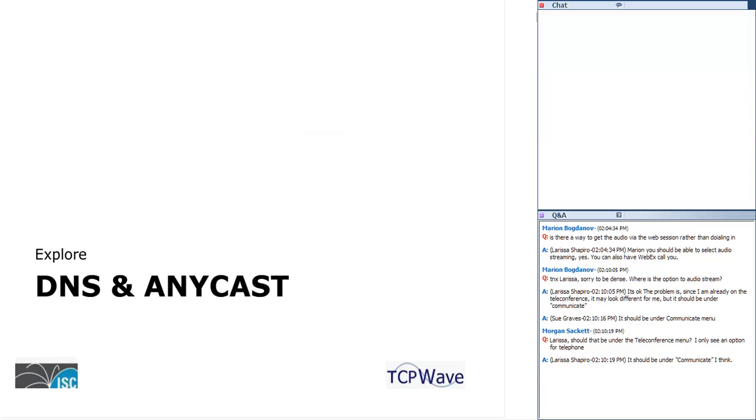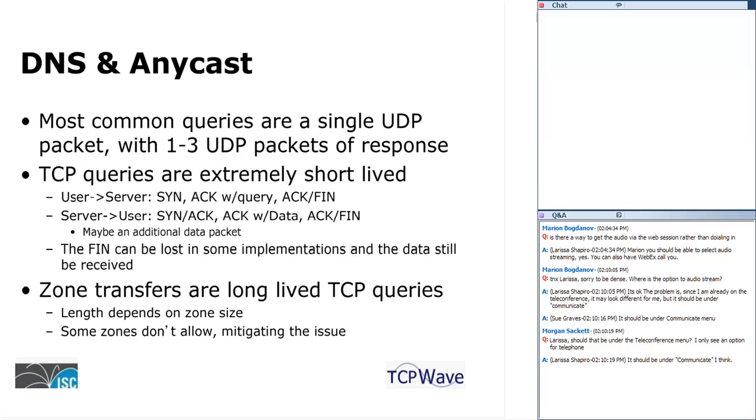So let's focus now on DNS and Anycast. DNS is particularly well suited for Anycast for two main reasons. One, the default transport for DNS is UDP, and UDP is a stateless protocol.